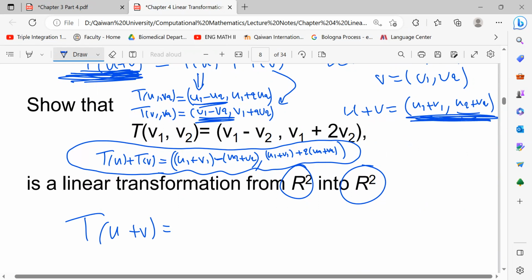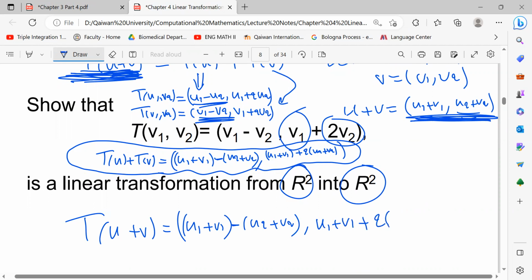And it's equal to first minus second, which is U1 plus V1 minus second, which is U2 plus V2. Then comma. And then first plus 2 times second. First is U1 plus V1 plus 2 times second, second is U2 plus V2. Is this equal to T of U plus T of V or not?